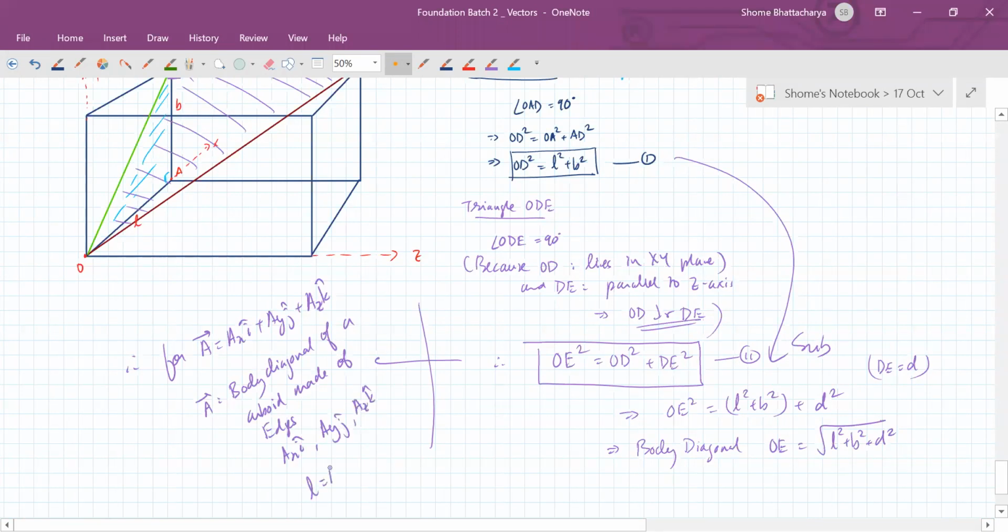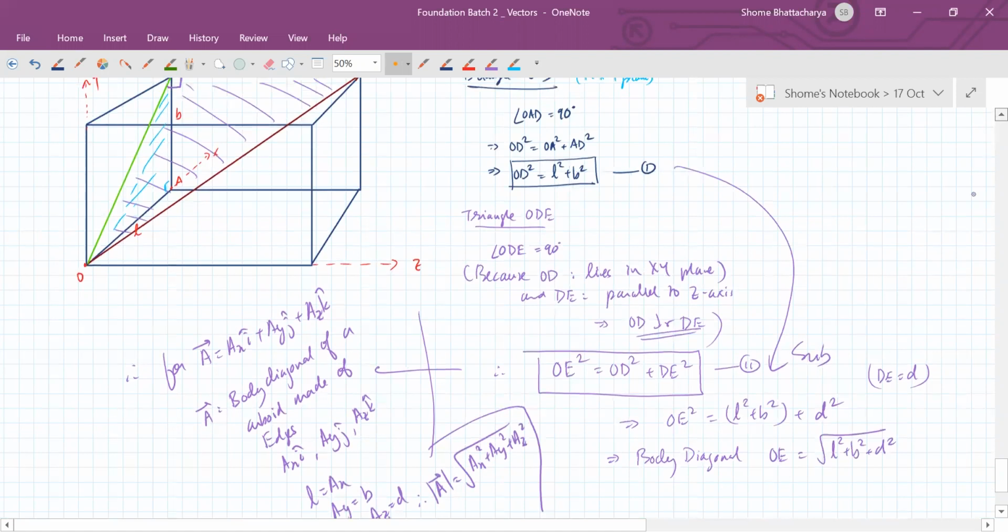So the lengths are like this. So magnitude of A becomes square root of Ax square plus Ay square plus Az square. This is the proof of this.